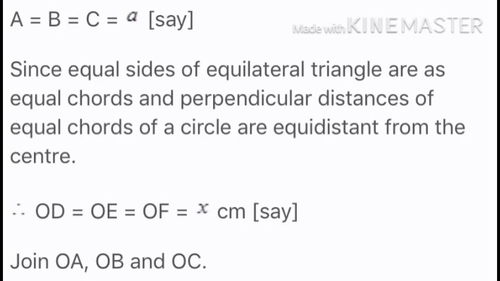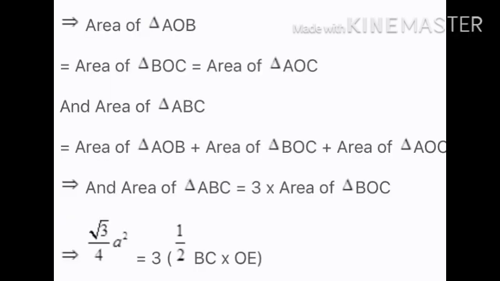Join OA, OB and OC. Area of triangle AOB is equal to area of triangle BOC is equal to area of triangle AOC.